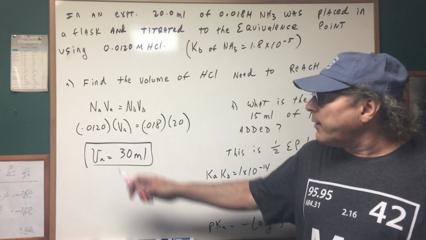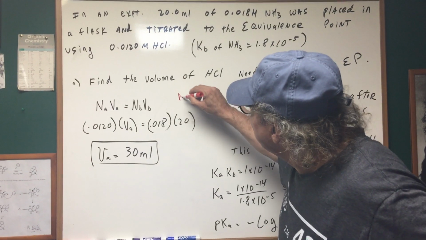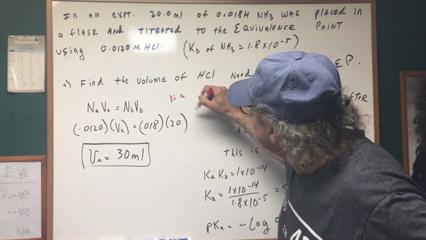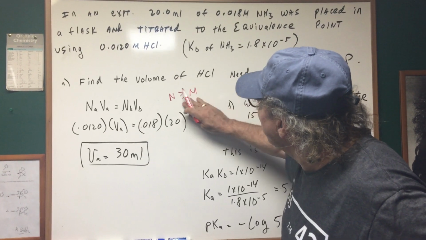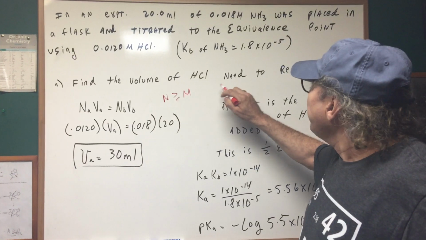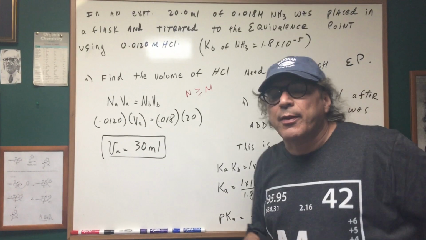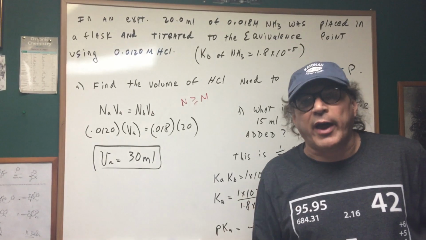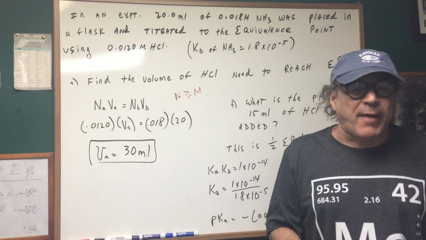Now, what I like to use is this formula, normality. The normality is always equal to or greater than the molarity. If the acid has 1 H and the base has 1 OH, then molarity equals normality.